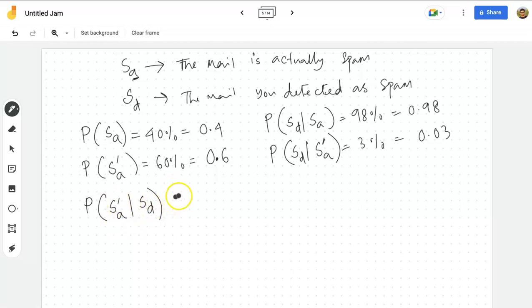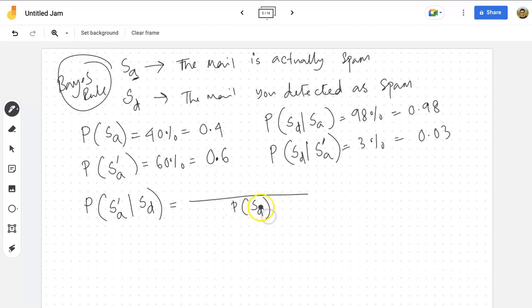Now you can use the Bayes rule. I hope you know what is the Bayes rule. It's a very popular rule in probability. So what does this rule suggest? In the denominator will be the probability of SD, in the numerator it will be the probability of SD given SA dash.